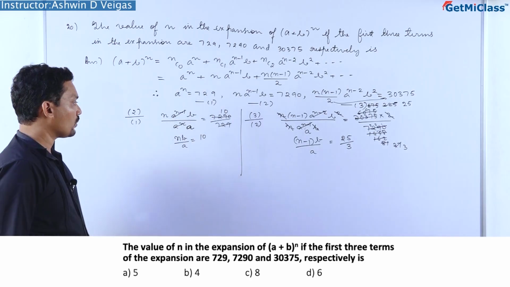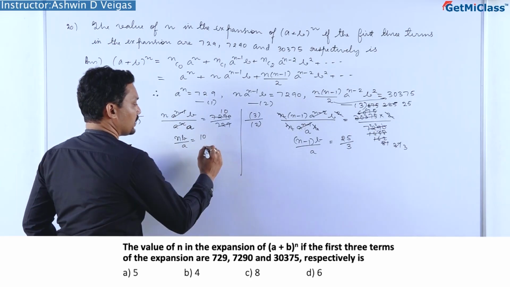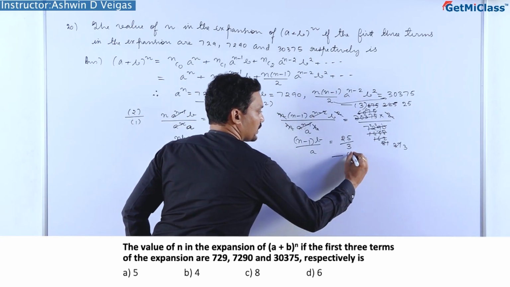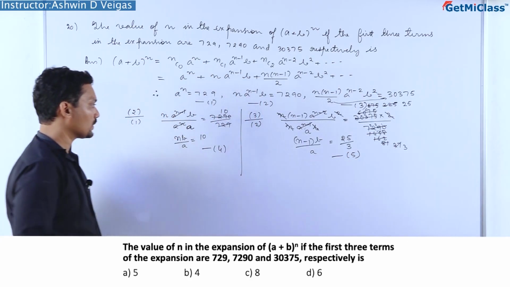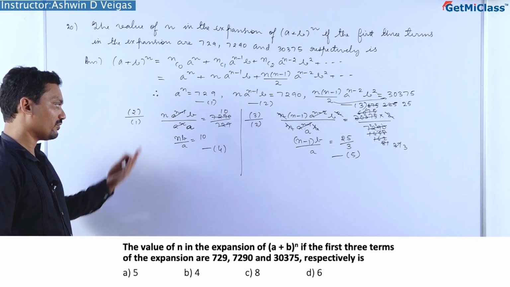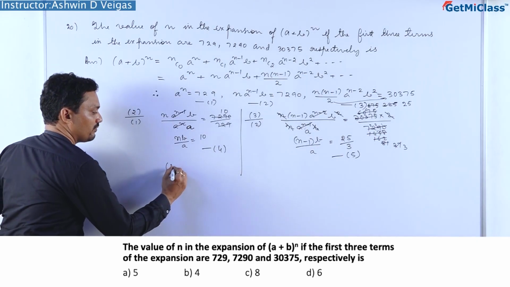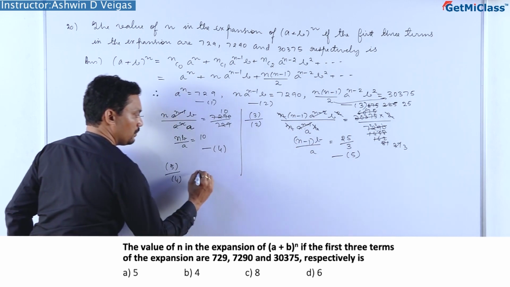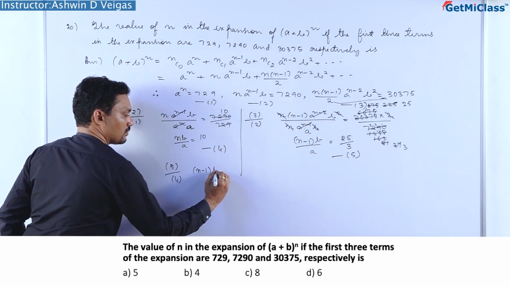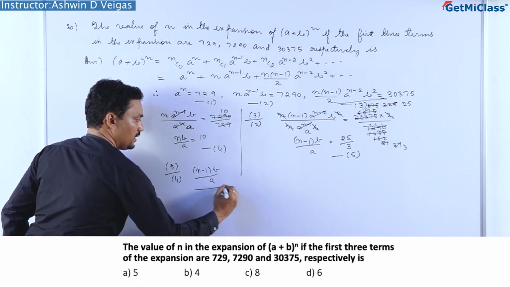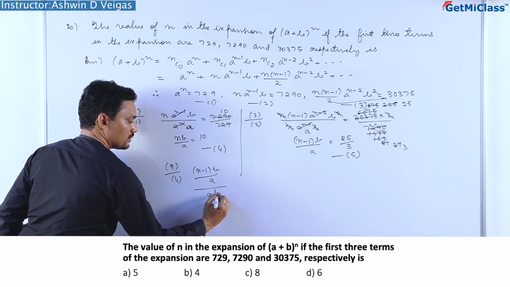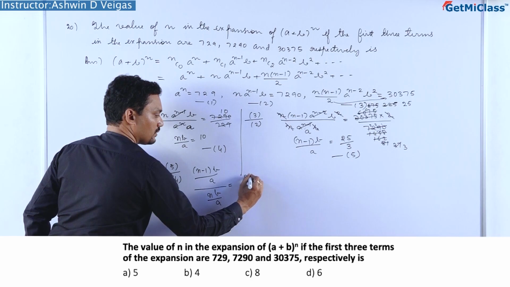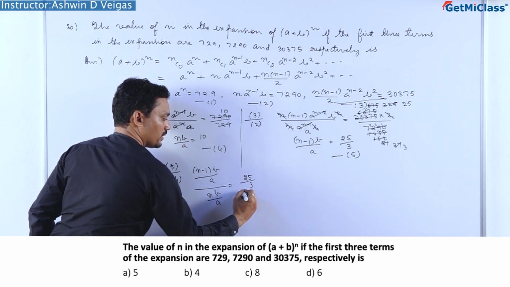Yes. Now let us call this equation 4 and this equation 5. So now again we will do 5 by 4. If we do 5 by 4, then (n-1)b/a divided by nb/a equal to 25/3 divided by 10.